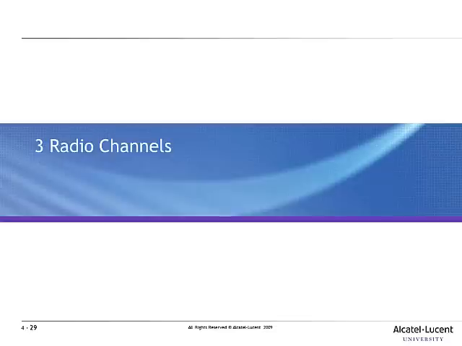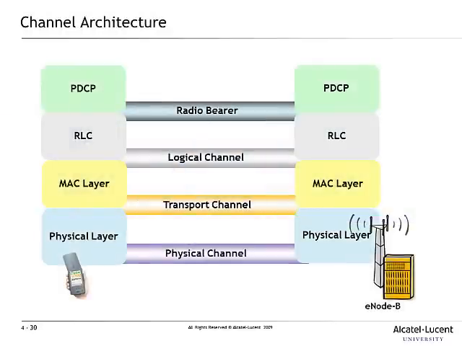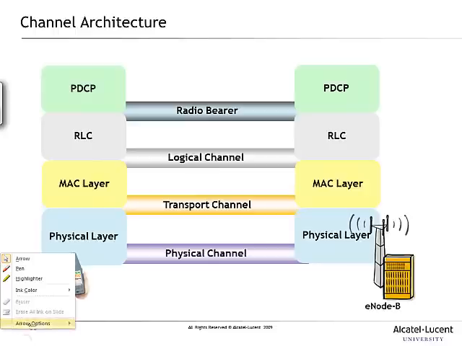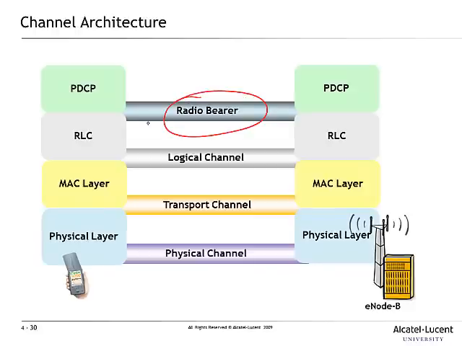Okay, we move on to the radio channels. Previously I talked to you about this idea of a radio bearer, a logical channel, transport channel, and a physical channel. So these are these terms here. A radio bearer is essentially set up between two PDCP layers.